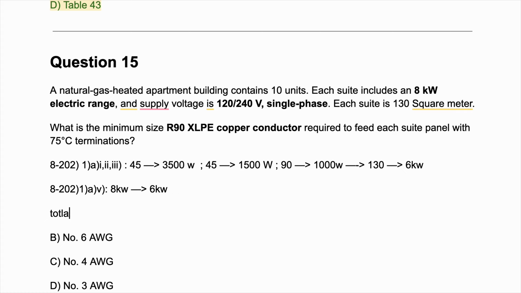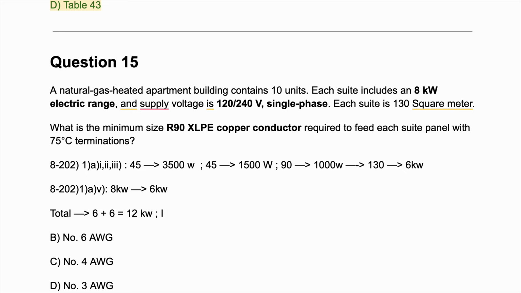So the total is 6 plus 6 equals 12 kilowatt, and we need to calculate the ampacity.